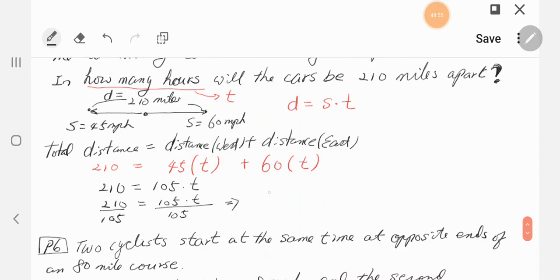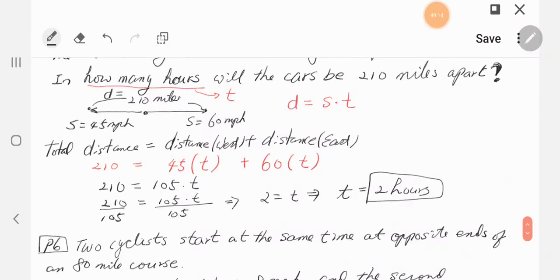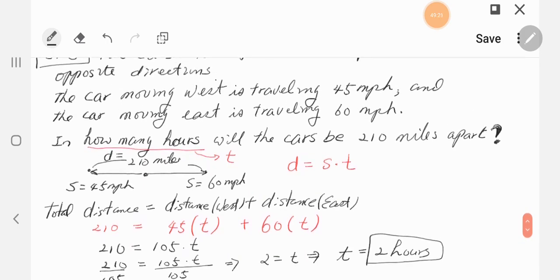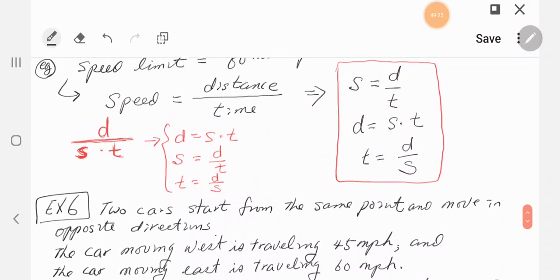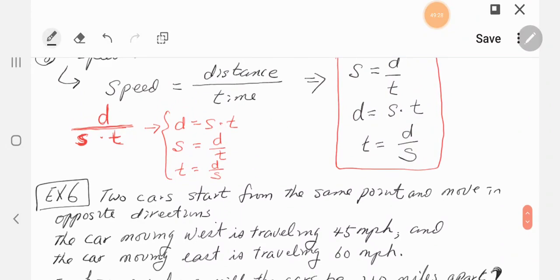This gives 2 equals t. So t is 2 hours. After 2 hours, both cars that started at the same point are 210 miles apart. When we solve a speed question, we always have to use one of these three equations.